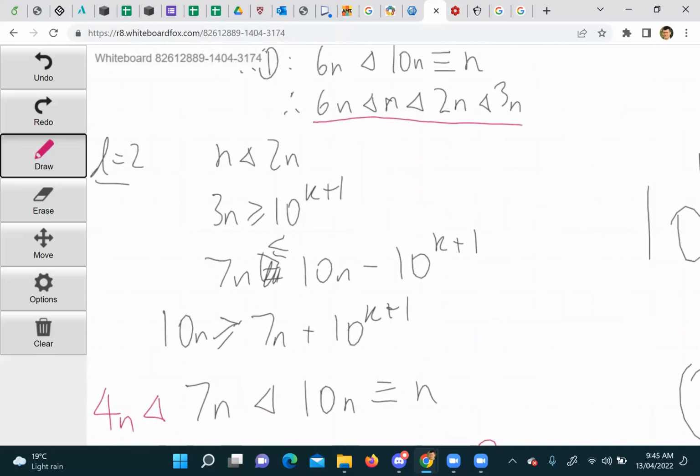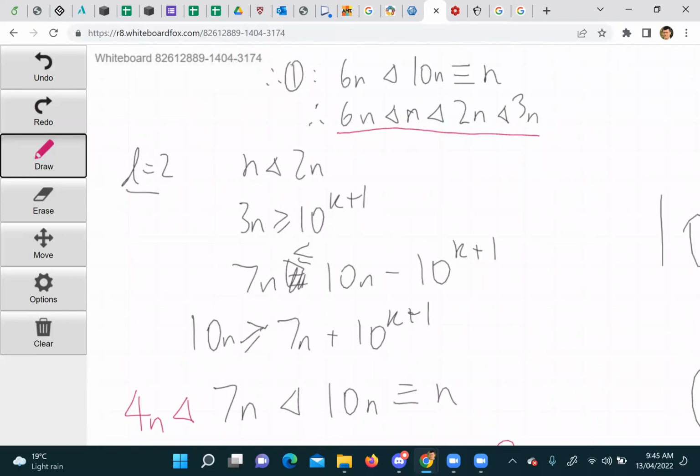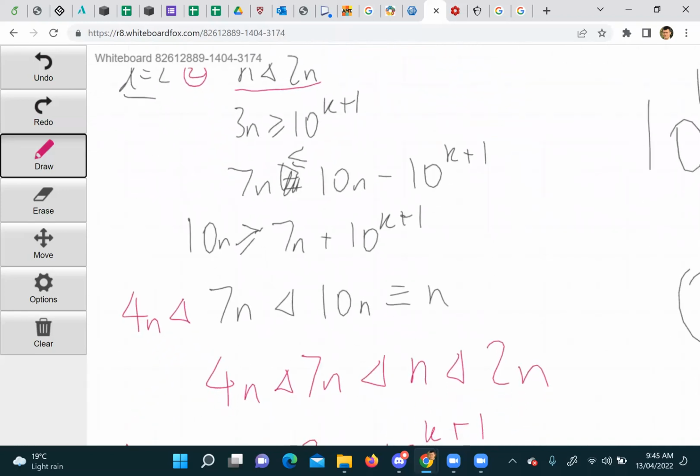So L equals 2. You start with this from lemma 1 or 2, yeah? And then the next one goes over. So you subtract that from 10n, and you get that 10n is bigger than 7n.